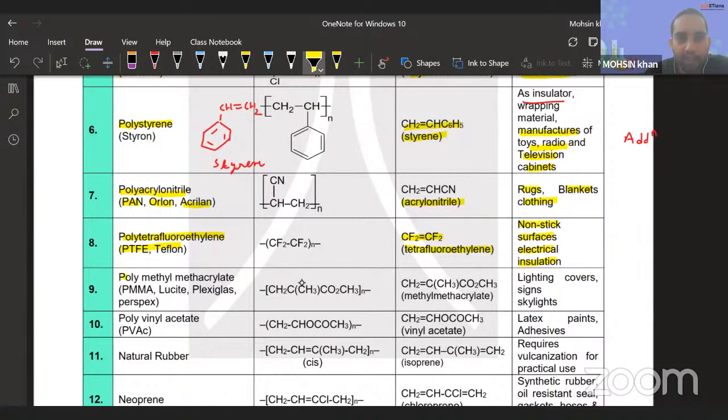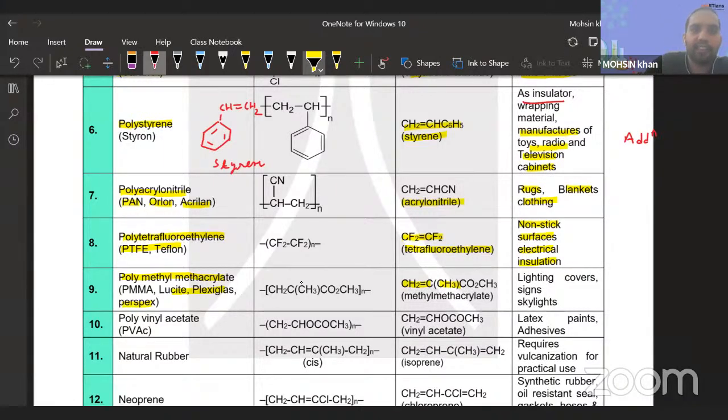Next we have polymethyl methacrylate, also known as PMMA. Lucite, plexiglass, and Perspex are other names of polymethyl methacrylate. Here we have taken CH2 double bond C, with a methyl group on it and COOCH3.